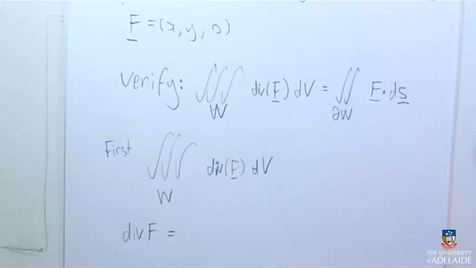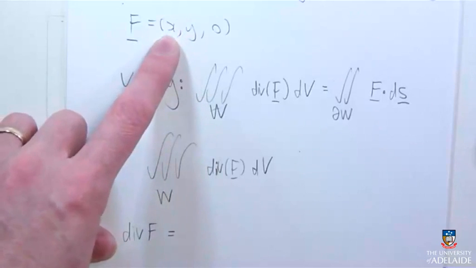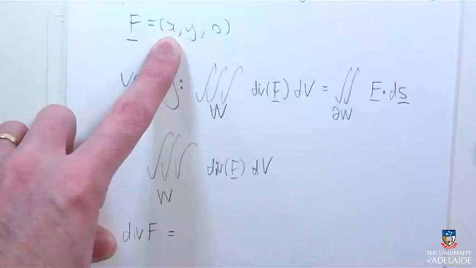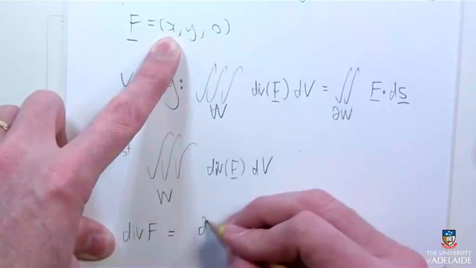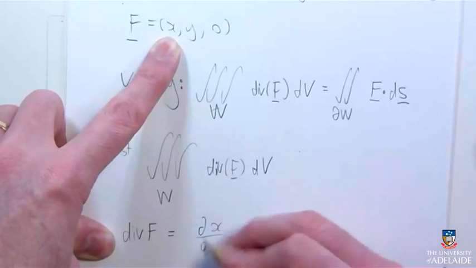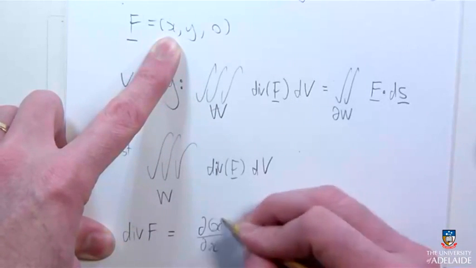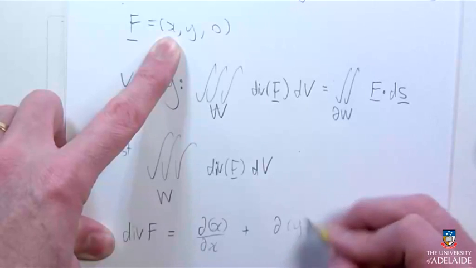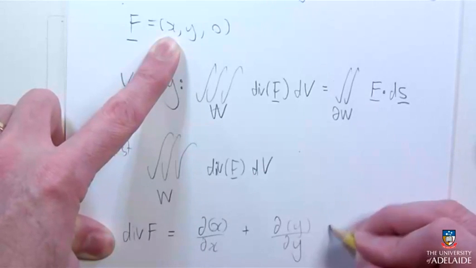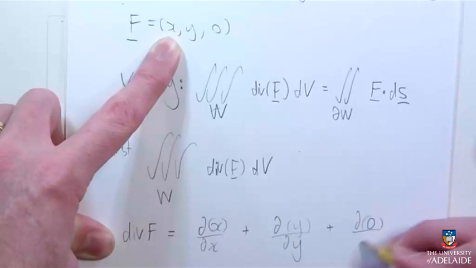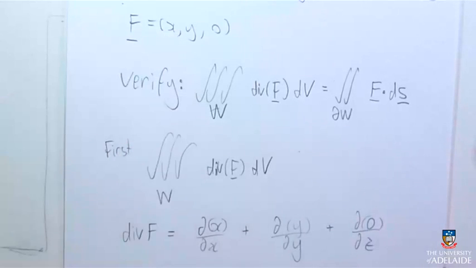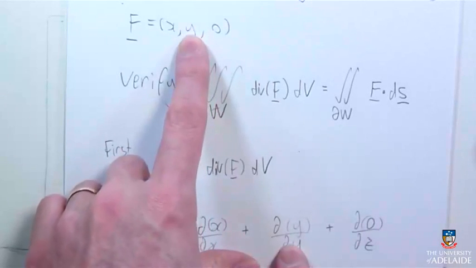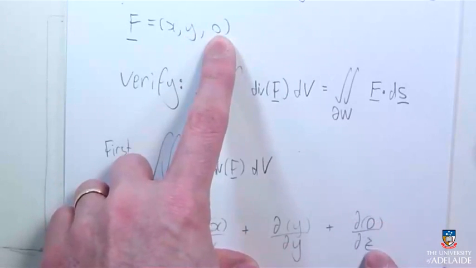So the derivative of what's in the x coordinate with x, and then what's in the y coordinate with y and what's in the z coordinate with z.